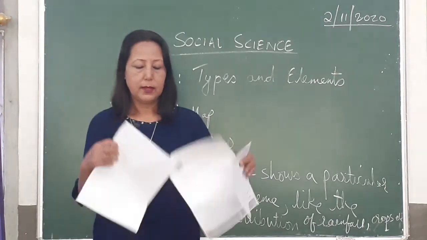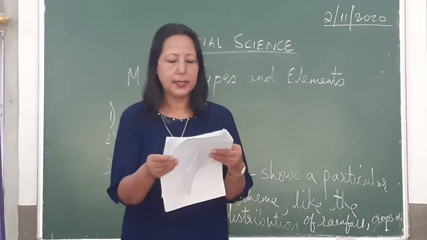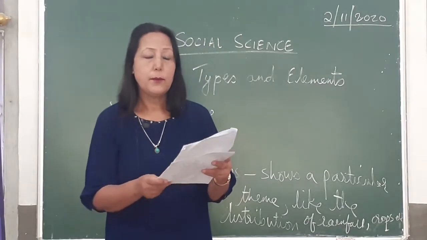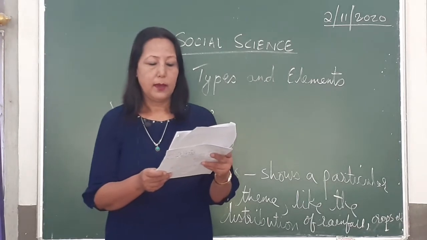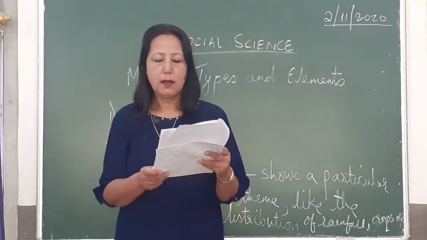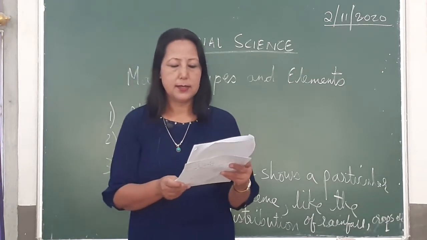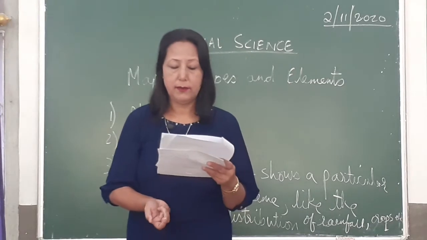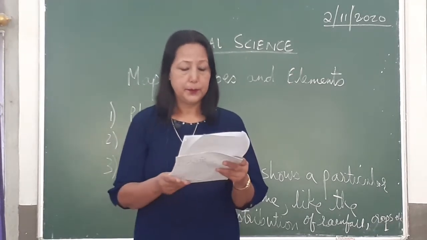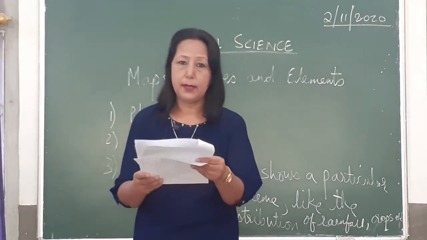Okay? So now, maps can be divided into three types. First is the physical map. The physical map shows physical or geographical features such as seas, rivers, mountains, deserts, etc. And the second one is the political map.